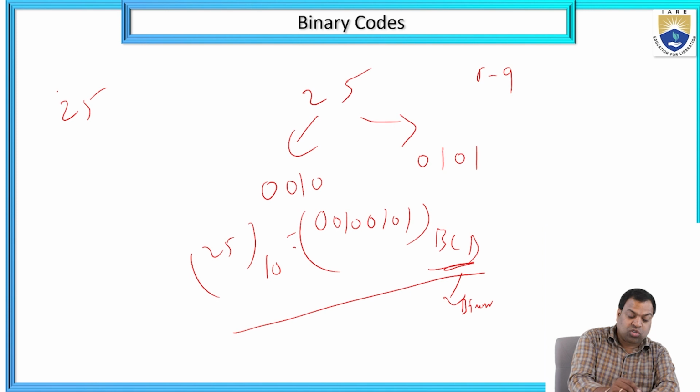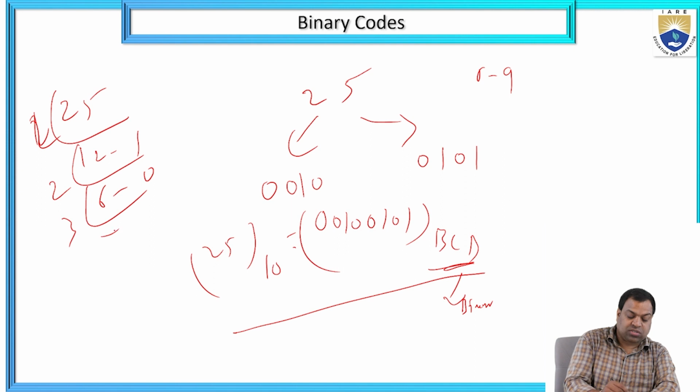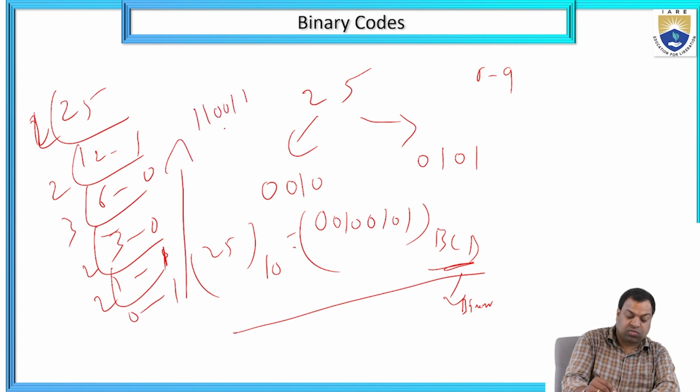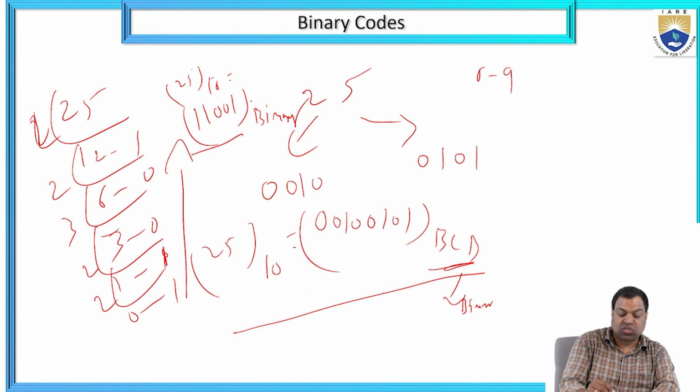How do we do that? For 25 base 10, we divide by 2 repeatedly like this: 25 divided by 2 is 12 remainder 1, 12 divided by 2 is 6 remainder 0, 6 divided by 2 is 3 remainder 0, 3 divided by 2 is 1 remainder 1, and then 1. So 25 base 10 converted to binary is 11001 base 2. It is called binary.